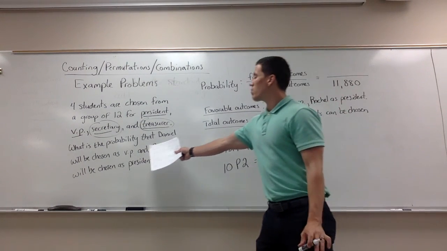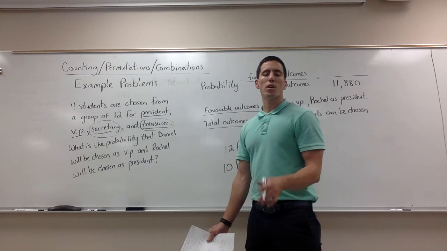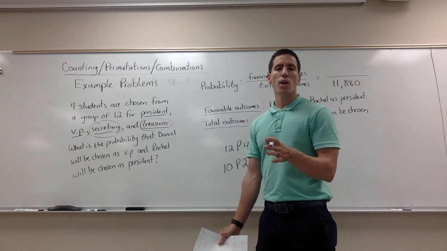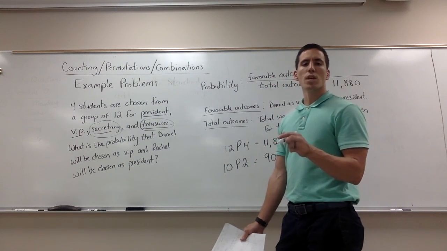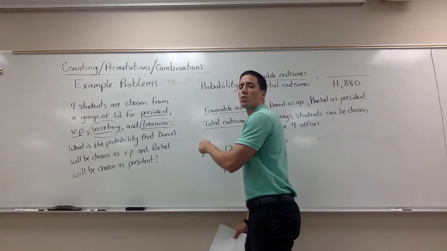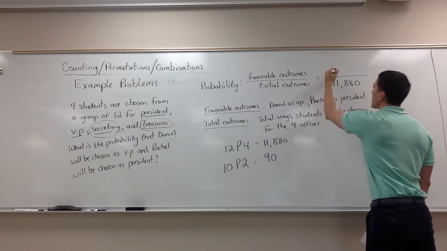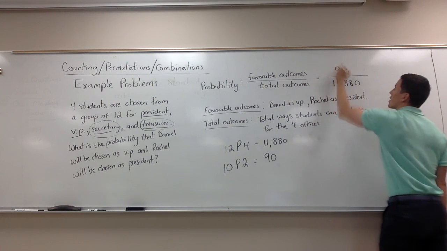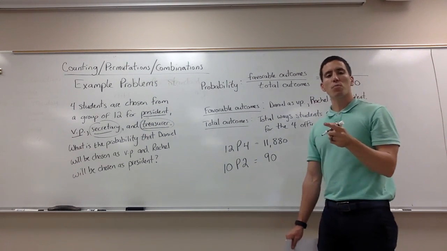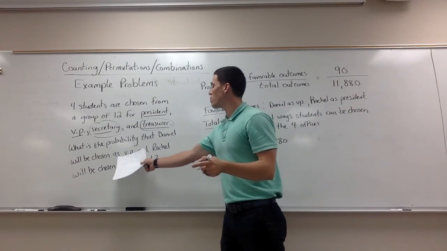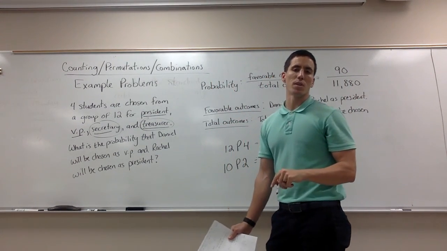If Daniel is the VP and Rachel is the president, and we assume that that is true, the remaining 10 students can be chosen for the other two positions in 90 possible ways. So there are actually 90 possible ways where we could get our favorable outcome of Daniel being the VP and Rachel being the president.